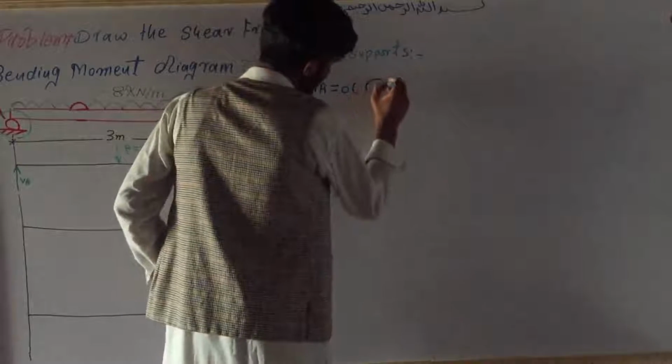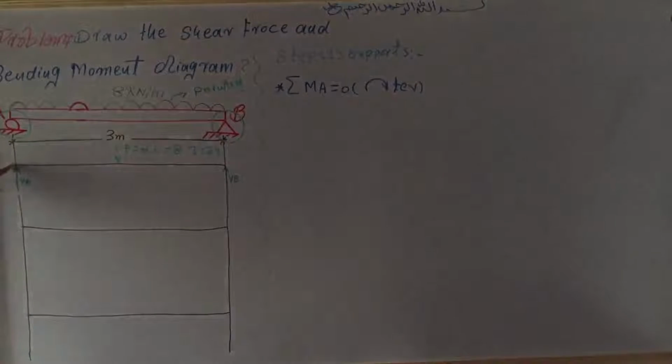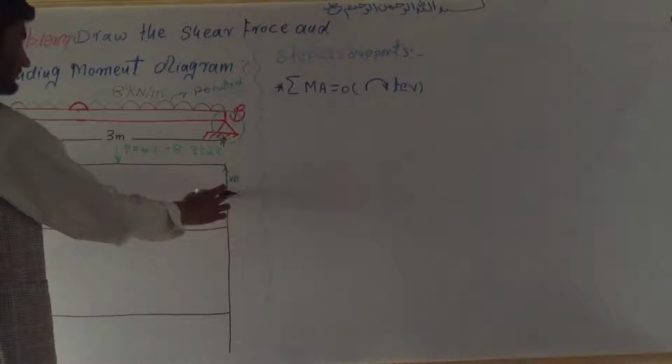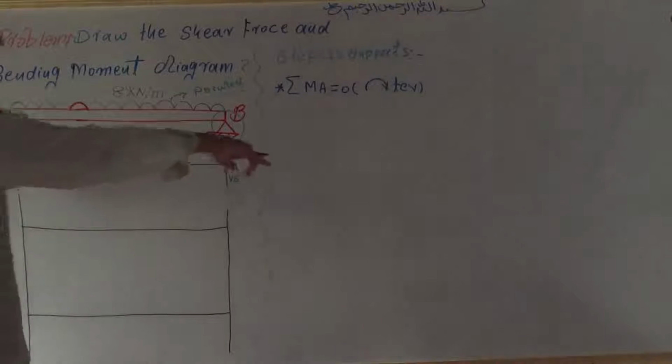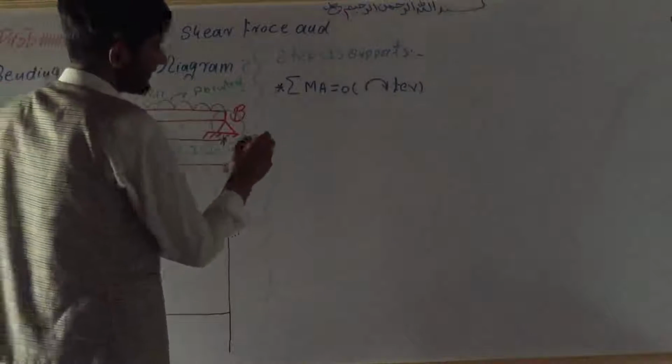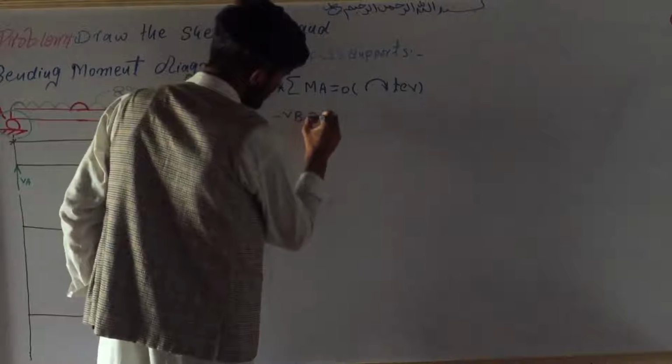Our positive direction of moment is like this. If we take moment about this point, VB gives a negative moment, so VB is negative, times our span of 3 meters.